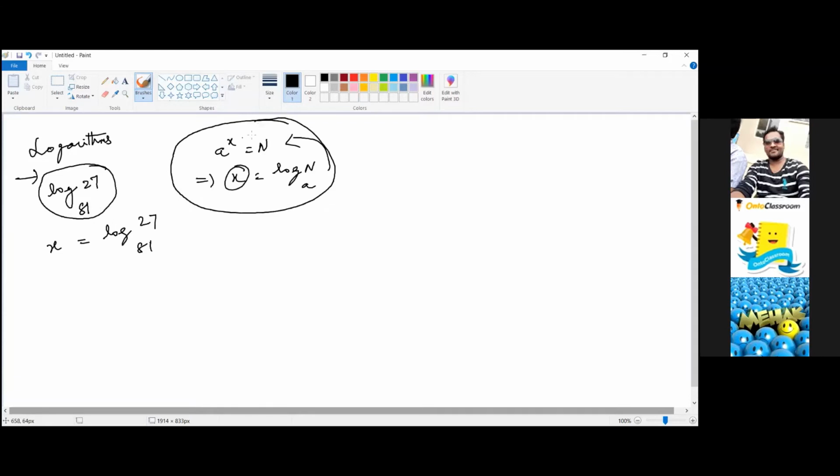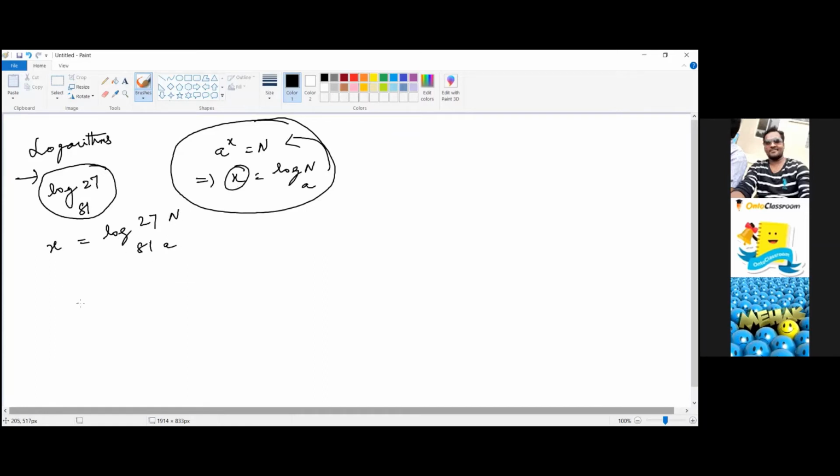This is our formula: a power x equals n. We can express it like this also: x equals log n base a. They gave log n base a, but we are going to find the value of x. So x equals, this is n, this is a.